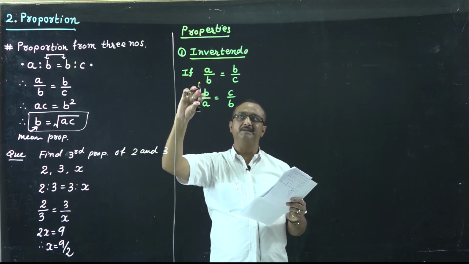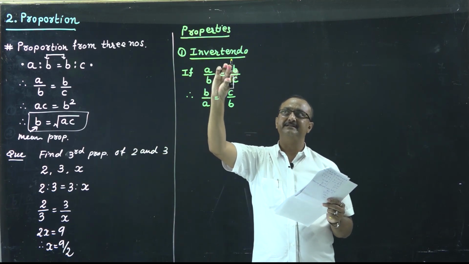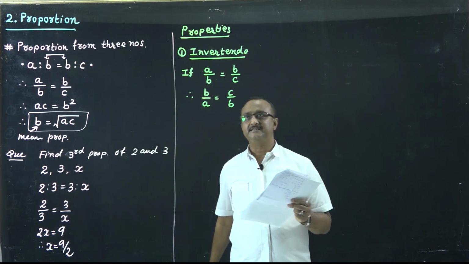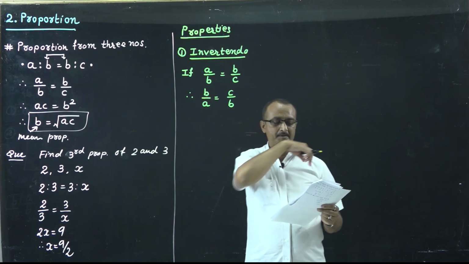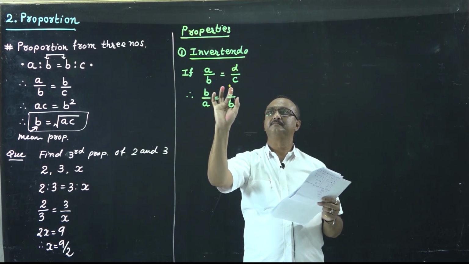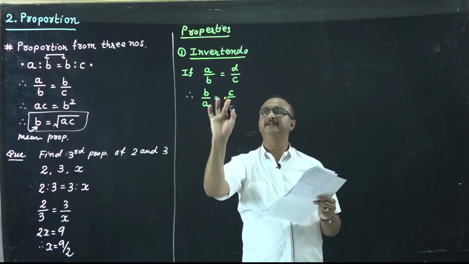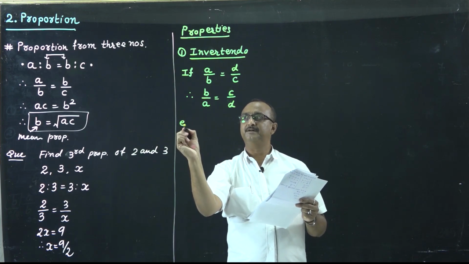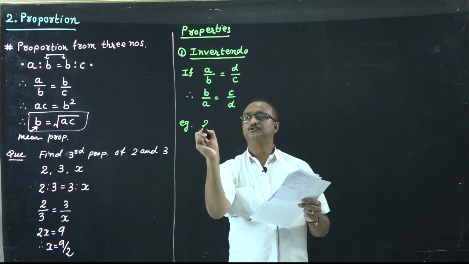A upon B can be written as B upon A, and B upon C is written as C upon B.